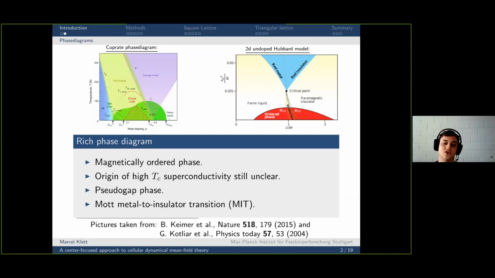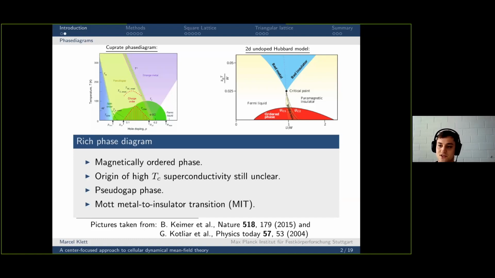And what we also know is that the two-dimensional Hubbard model, in a theoretical approach, can access all of these different phases if we choose the parameters temperature and doping accordingly. What I want to talk about today in my talk is the special case of the undoped Hubbard model.